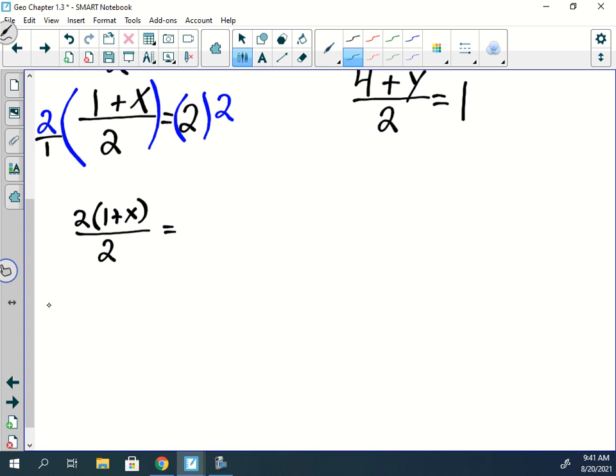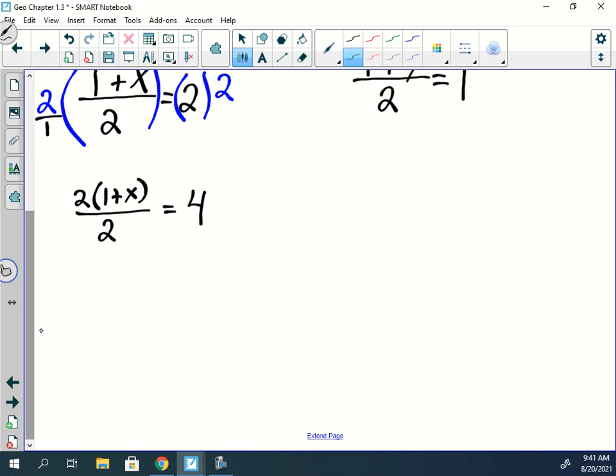On the other side, 2 times 2 is 4. Well, anything divided by itself is 1. So these 2's simplify to 1, leaving us with 1 plus x is equal to 4. I always want to write this out at least once so that y'all see it. Y'all have seen this and done this before, but I just want to make sure it's still there and y'all still remember it.